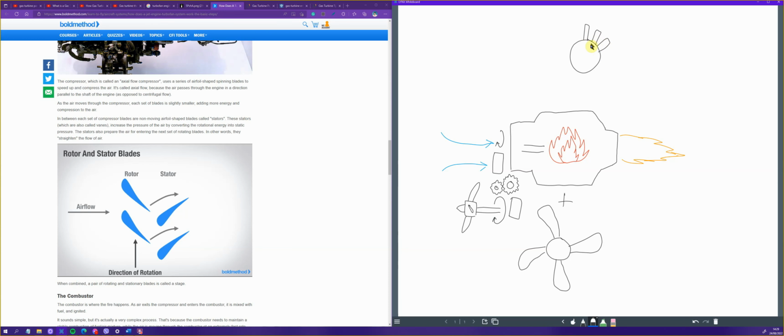Kung ang direction of rotation niya dito is going up, gayahin ko yan. Saan kaya papunta yung rotation ng blades ko? Is it clockwise or counterclockwise? Counter, sir. Very good, yes. This is going to be a counterclockwise motion ng rotor mo.